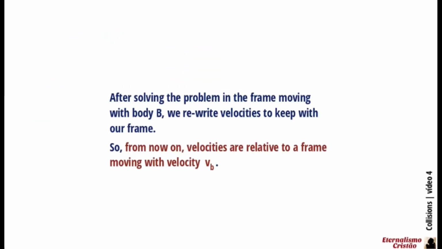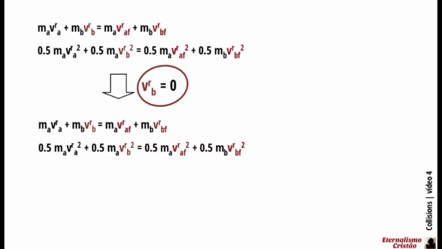After solving the problem in the frame moving with body B, we rewrite velocities to keep with our frame. So, from now on, velocities are relative to a frame moving with velocity VB. As the relative initial velocity of body B is null, we can greatly simplify both equations.